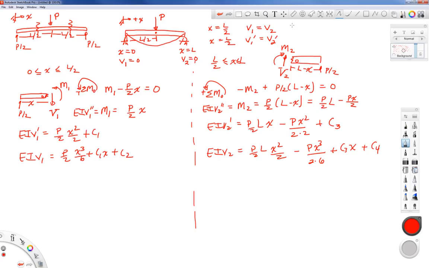Now the way I usually write this is, since we have the E and I that's been carrying along with the terms, I'll write this as EI V1 is equal to EI V2, and EI V1 prime is equal to EI V2 prime. These are known as the matching boundary conditions.